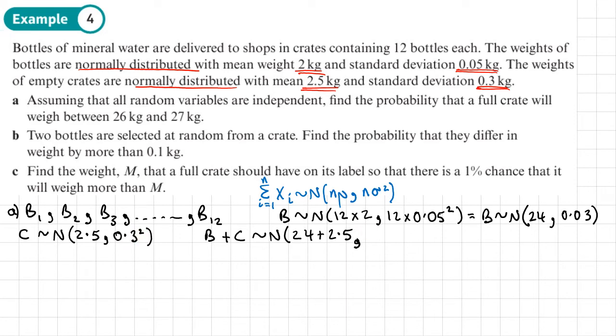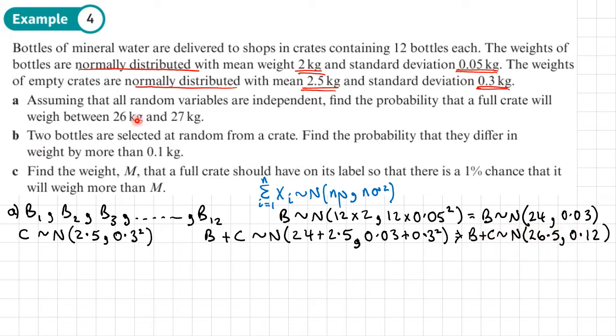So doing the calculations, what we'll have is bottles plus crate, normally distributed, with a mean of 26.5, and then the 0.03 plus 0.3 squared is 0.12, so that'll be the variance.